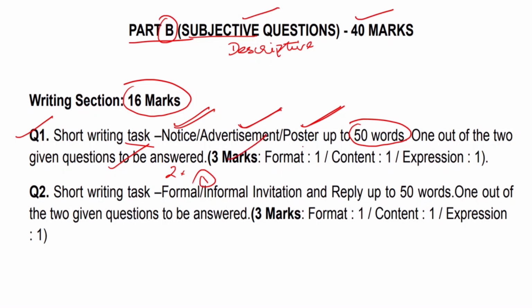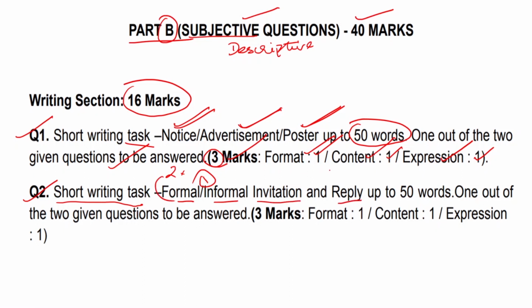Then 3 marks questions: format 1 mark, content 1 mark, expression 1 mark. This is the distribution of marks. The 3 marks will be distributed as 1 for format, 1 for content and 1 for your expression, language clarity. Question number 2, short writing task. Again, short writing task, formal, informal, invitation and reply.